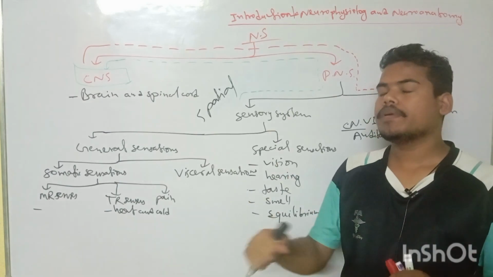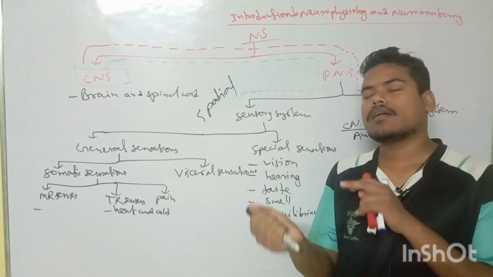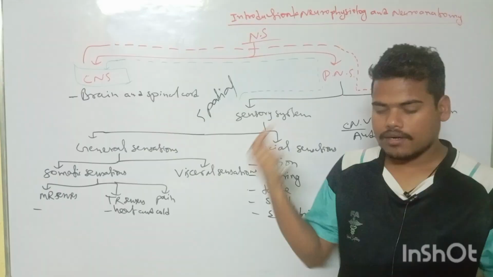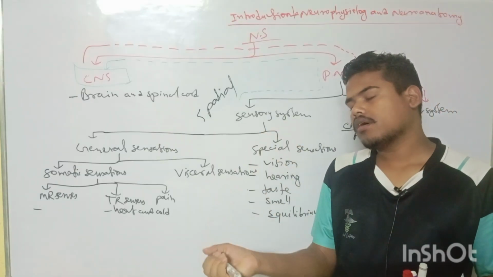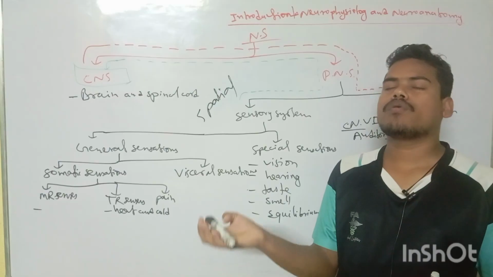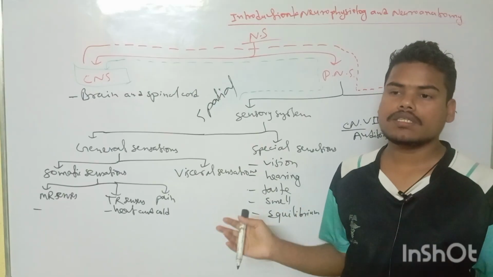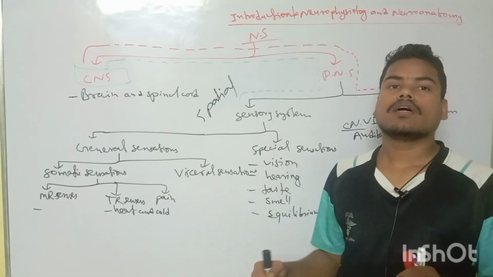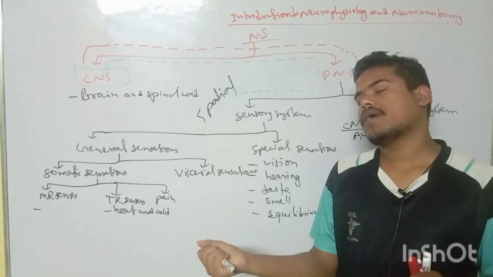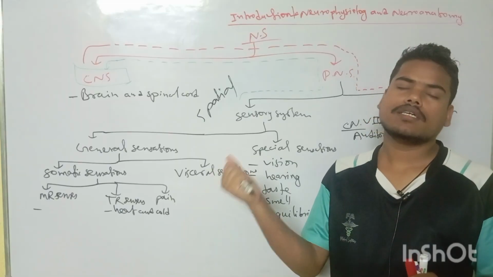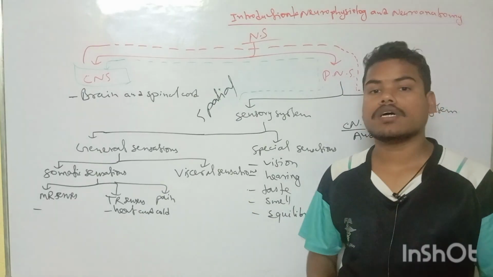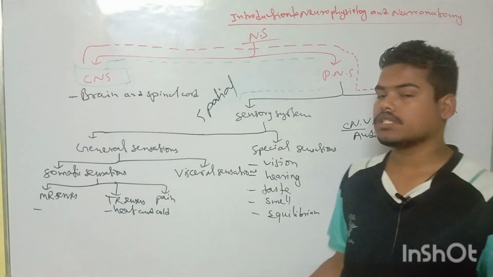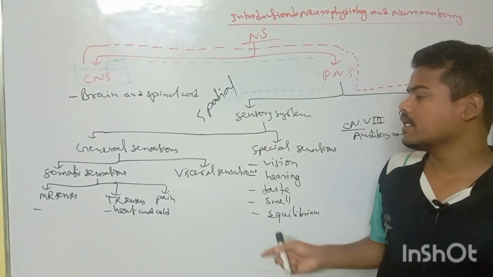Even with our eyes closed, we can identify the object, like its shape, if our central nervous system is intact. If we have seen this object earlier, then we can identify, oh, this is the marker and its shape is cylindrical. This is called stereognosis. I will talk about these sensations in detail while dealing with the tracts.